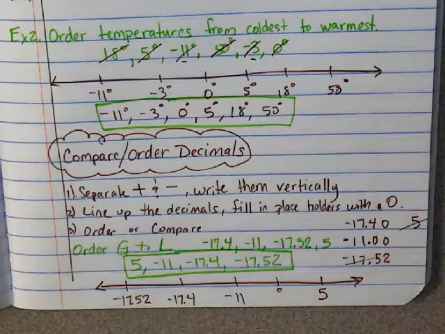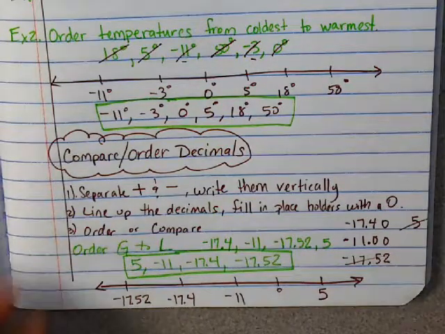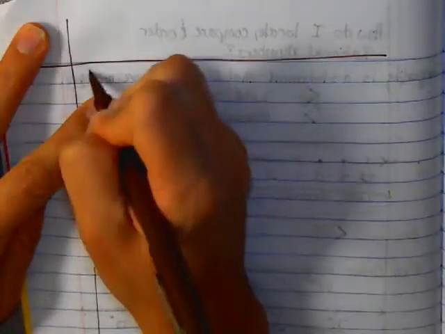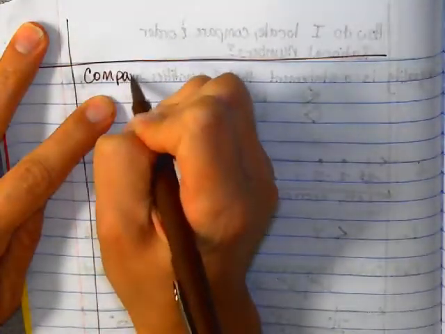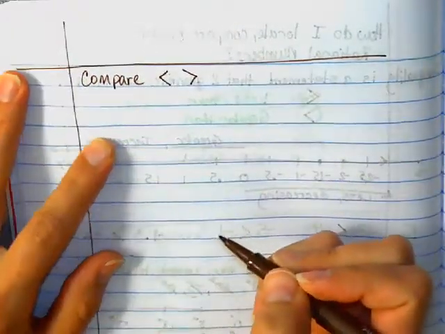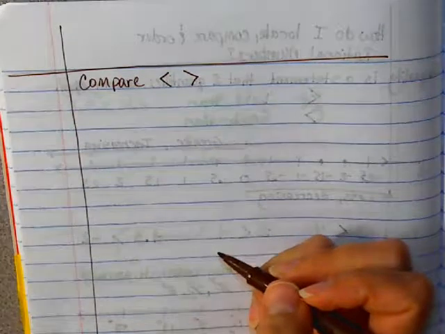All right, so let's take a look at comparing decimals. So I'm going to go to the back side because I've run out of room here. So go ahead and flip the page. I'm going to draw my Cornell lines. All right, so we're going to compare the following decimals. So when we compare, you'll probably see something like this, or they're going to say compare the inequalities.